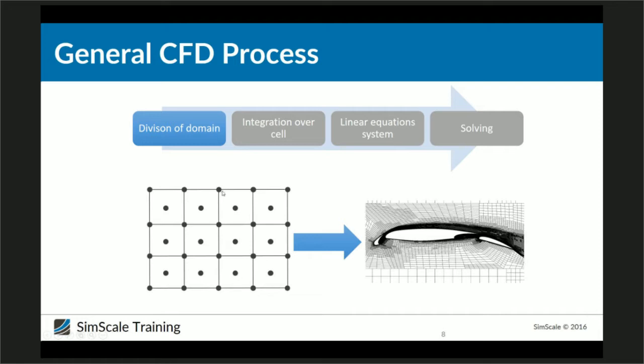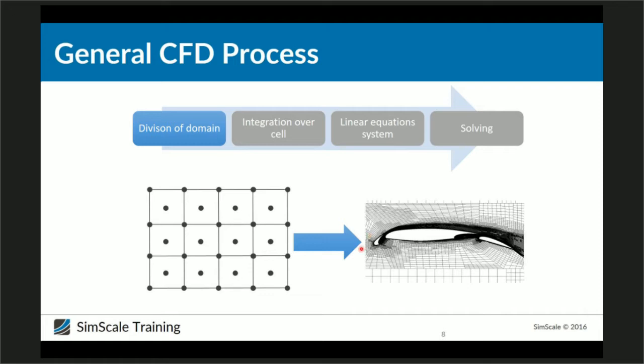Here we get only a value for the center of the cell, which means if this is our mesh, we will only know the pressure and the velocity for the center of the cells. And between the centers of the cells, we have to interpolate. For example, if we have an aircraft wing, this is how a mesh can look.